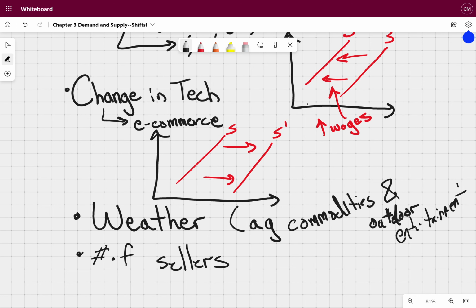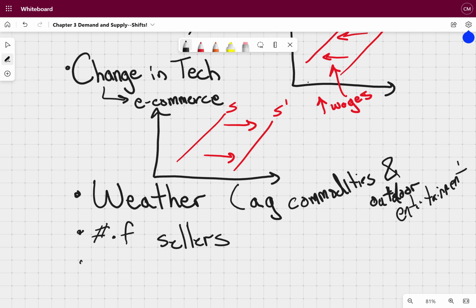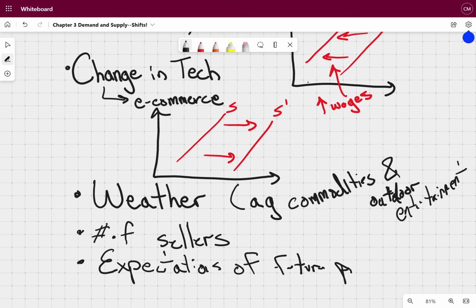And then the last one, and this one's a little bit confusing because it's both in the supply and the demand, is expectations, right? Expectations of future price changes. Hope you know how to spell expectations, because it's not showing up there. So what do we mean by this? Well, in a similar way that if you think the price of something is going to increase, you're going to go out and purchase a bunch of it right now.